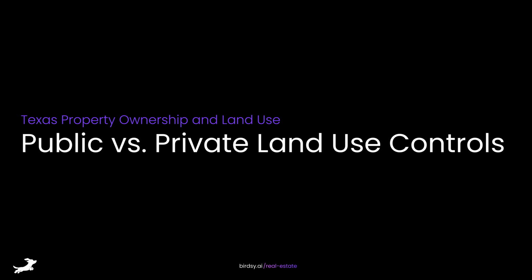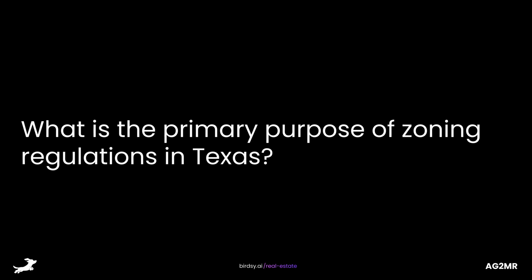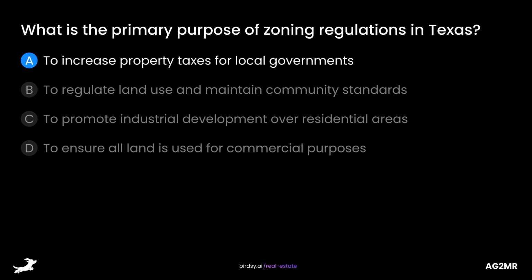Public versus private land use controls. What is the primary purpose of zoning regulations in Texas? Is it A, to increase property taxes for local governments? B, to regulate land use and maintain community standards? C, to promote industrial development over residential areas?